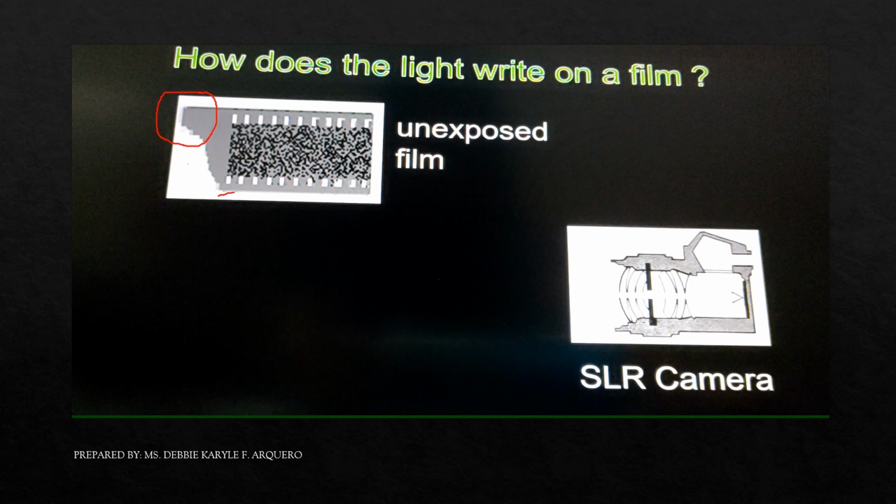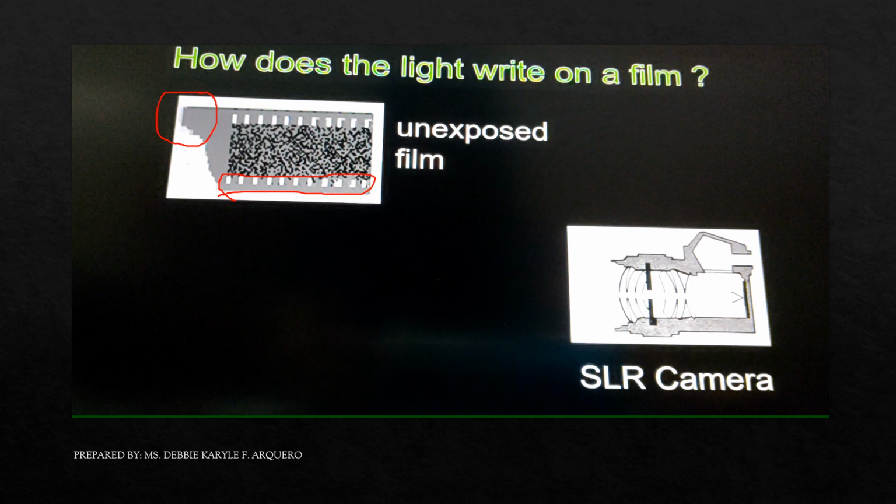This one is called the sprocket holes, where you will later mount the film on the sprocket teeth inside the analog camera. Now, this part is the emulsion part, where it contains the sensitized material or the silver halide crystals. It is where the silver halide crystals are suspended.